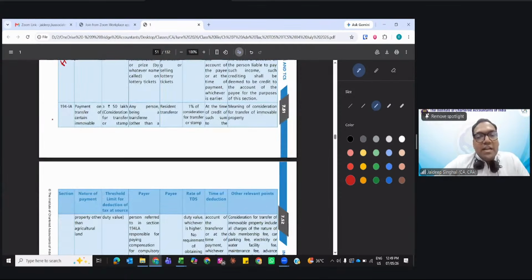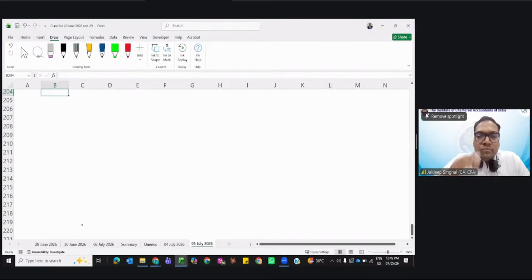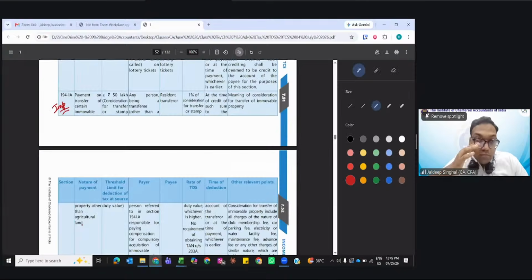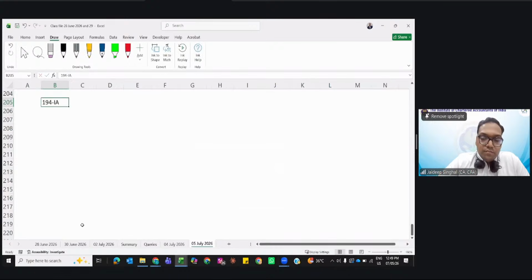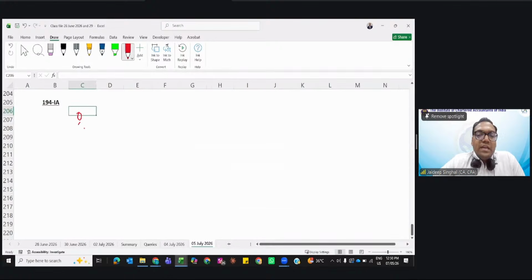194IA, please mark it as important. There is a high chance that questions are asked on it, and it is also important from the practical perspective. Section 194IA says, let's suppose an individual purchases an immovable property from another person.